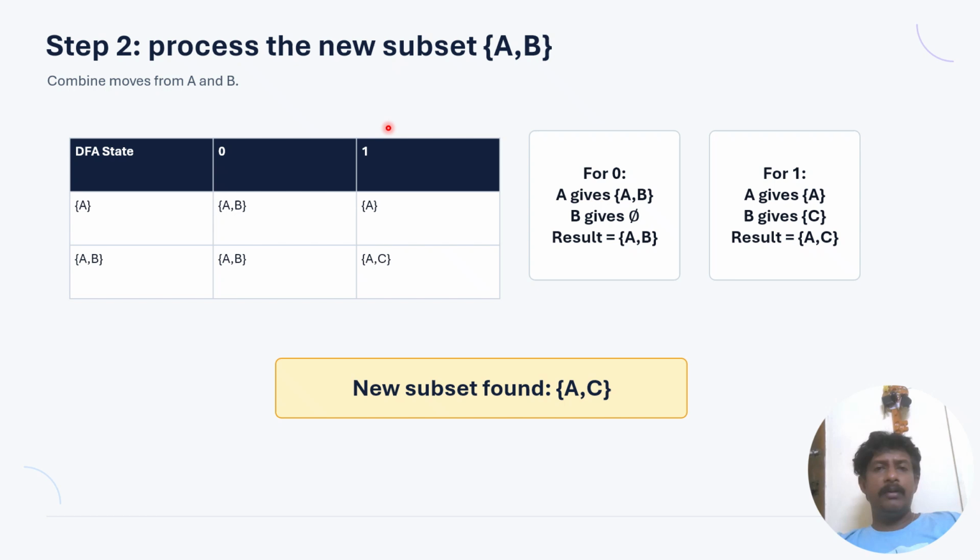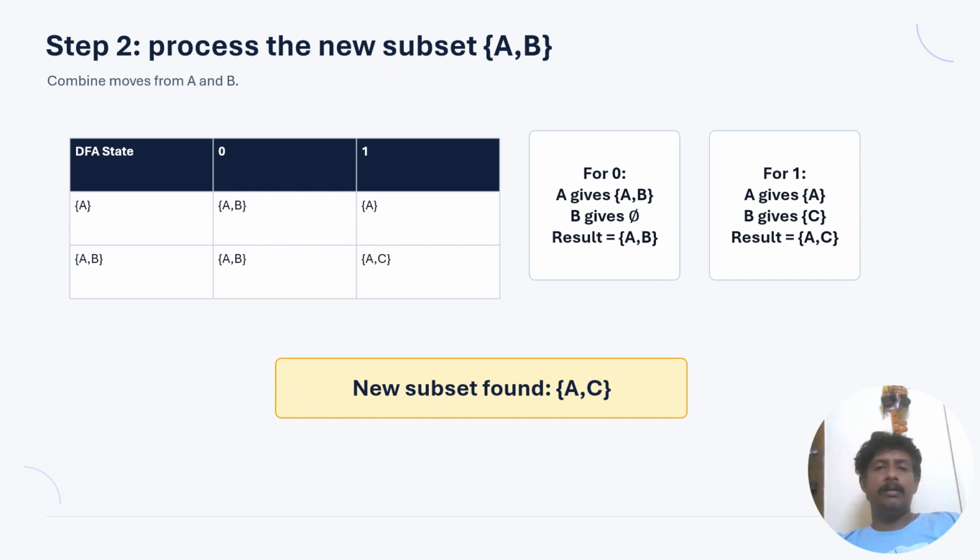This means the NFA may currently be in A or B, so when we calculate the next move, we must consider both. First, take 0. From A on 0, we get {A, B}. From B on 0, we get empty. Combine them, the result is {A, B}. So from {A, B} on 0, write {A, B}.